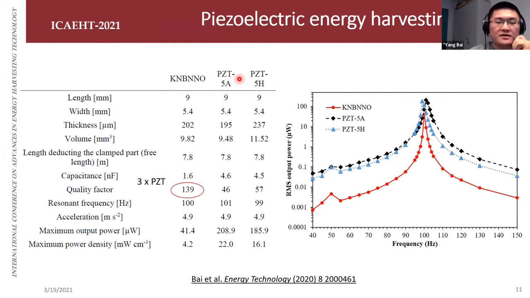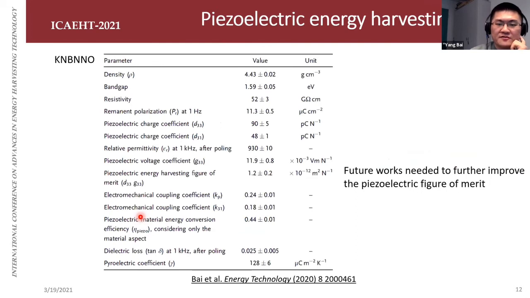So what we find is that we get, surprisingly, quite a good quality factor here. Steve also mentioned that the quality factor is an important thing here. However, the output power is about 20% of PZT. We think it's a good level, because if we look at the figure of merit for energy harvesting, and also the coupling factor here, it's quite low compared to PZT.